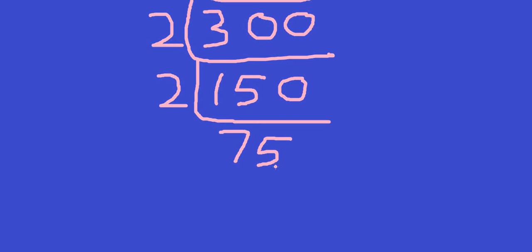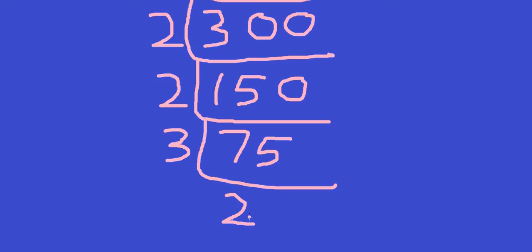So we try divisibility by 3. We add 7 plus 5, and we get 12. And we know 12 is in table 3. So we can divide this number 75 by 3. 7 divided by 3 is 2. 2 times 3 is 6, and it remains 1 here in 7.